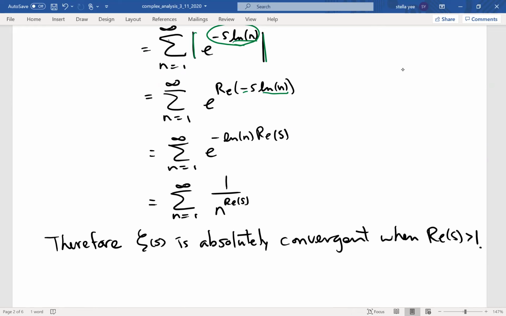Now I can go back and make this negative real part of s into the exponent of n inside, and then rewrite the sum as the sum from 1 to infinity of 1 over n to the power of real part of s.